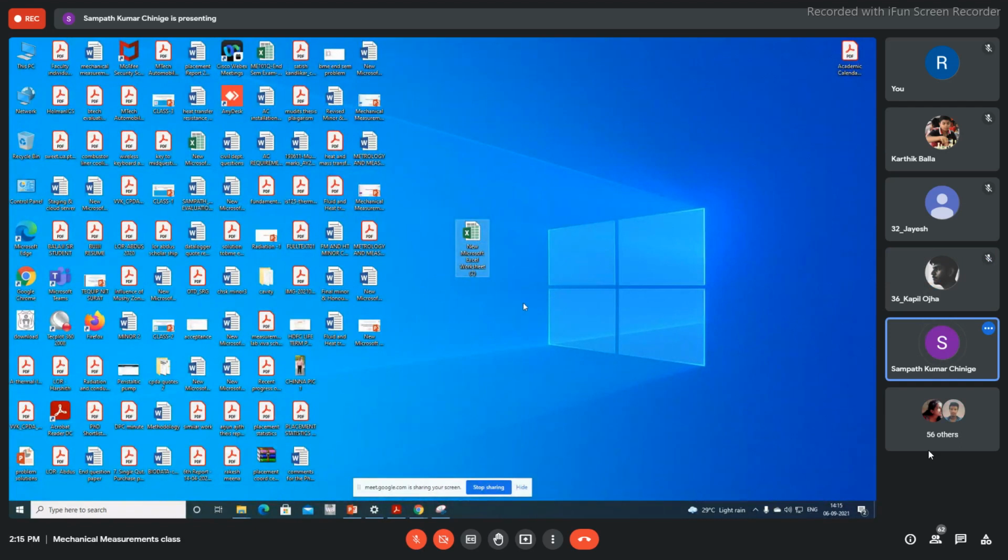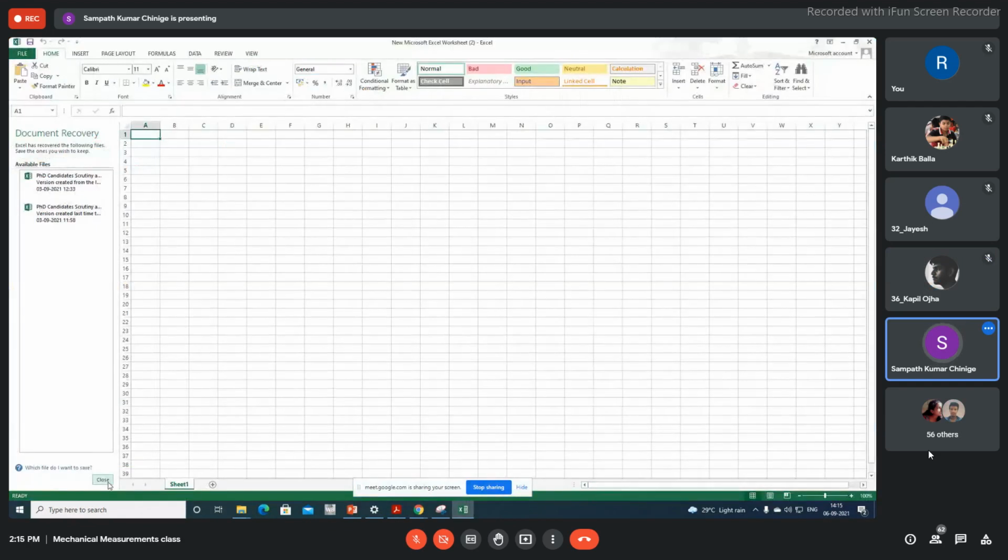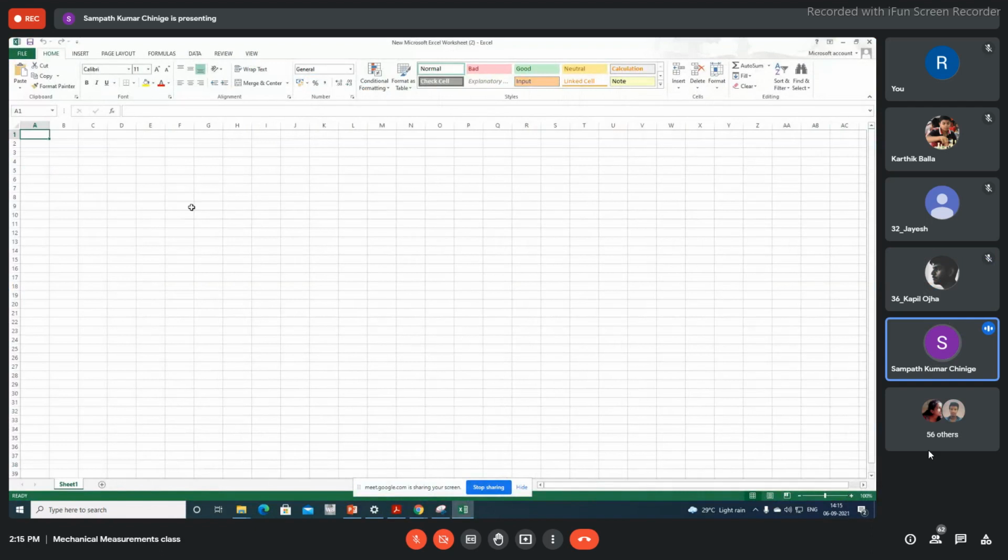So this package will allow you to draw any pattern curve, any data that you give. It will plot a curve for this. So let us say you have X values here and Y values here.